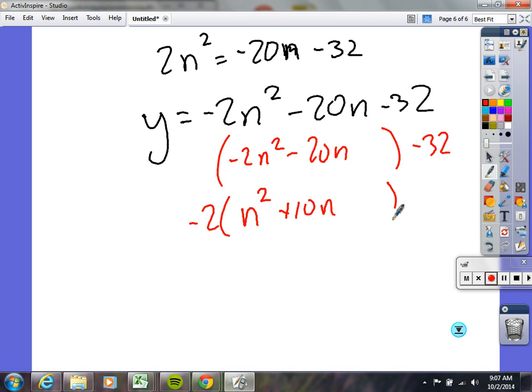Are you okay with that? Did I change the value by pulling out a negative 2? No! Okay. What goes in to make it completing the square, Hunter?